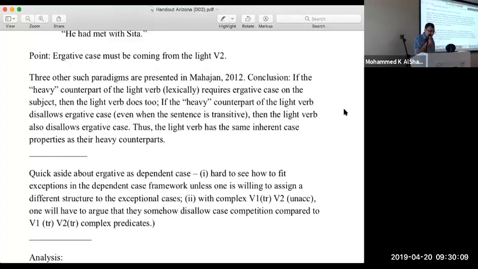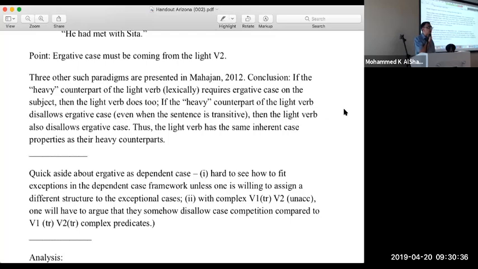So I said something about dependent case, so let me say a few more words, and then probably I can ignore it because that's not the focus of the talk. There's been a recent push towards arguing that there is a notion of dependent case that can completely determine ergativity.